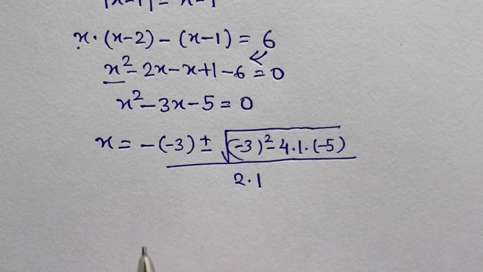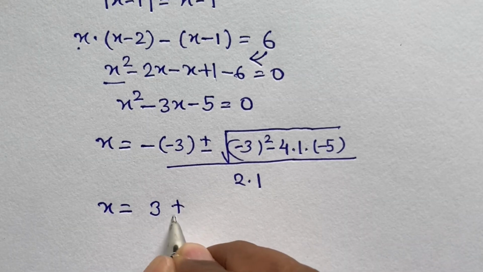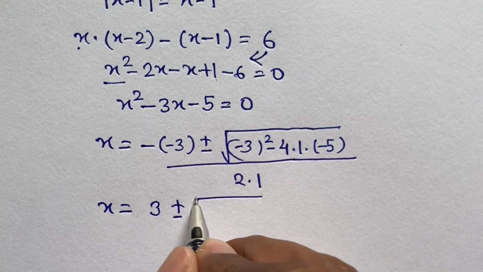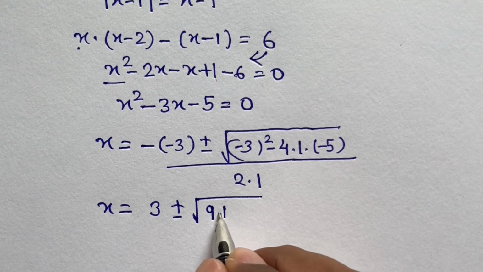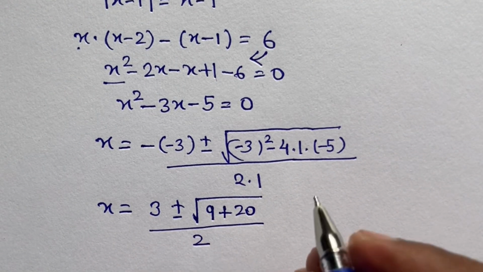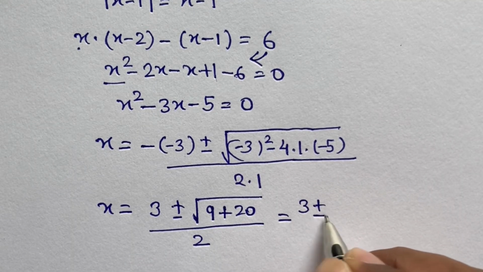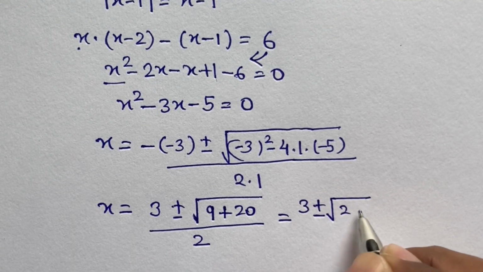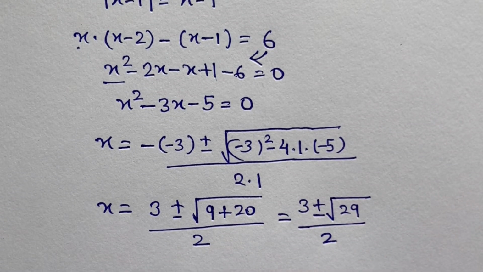So the value of x will be 3 plus or minus the square root of 9 plus 20, divided by 2, which equals (3 ± √29)/2.